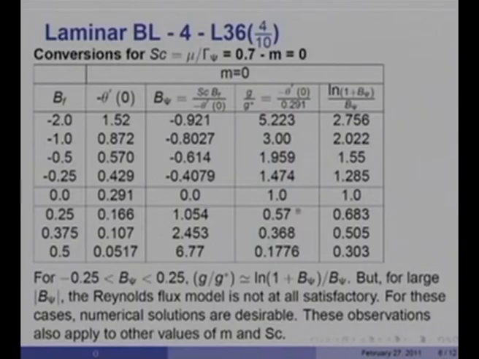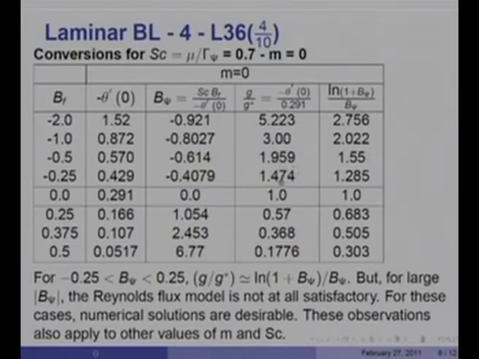The most important thing to note is that when Bf is very large, on the negative side or positive side, and likewise B psi is very large, G over G star does not at all equate to ln 1 plus B psi by B psi. As you can see, this is 5.223, whereas this is 2.77, a large variation. Same thing at minus 1, same thing at minus 0.5.